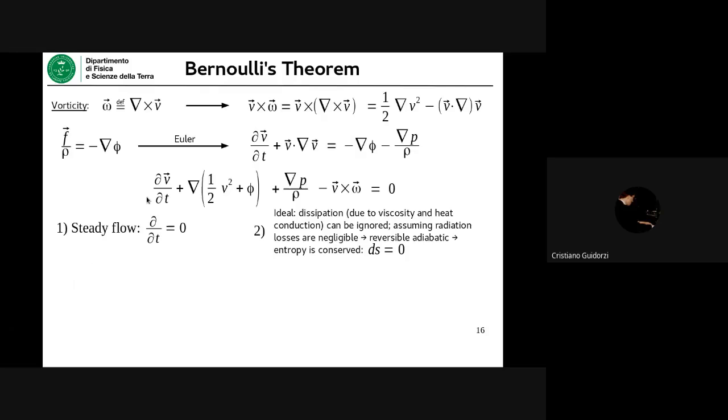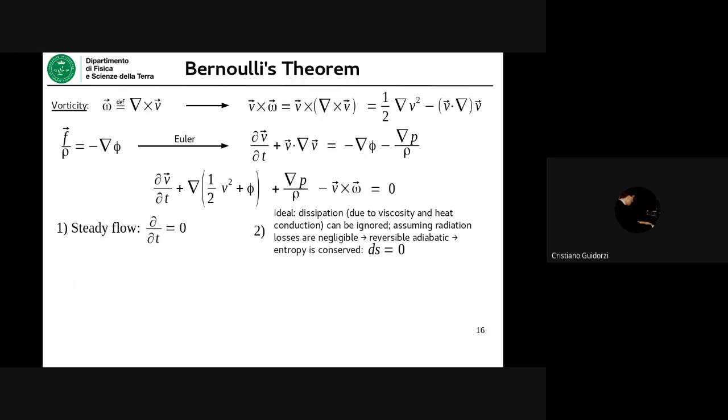Again, we remind ourselves that we are limiting to ideal fluids. So in particular, we neglect both viscosity and heat conduction, so all the processes that can contribute to give an irreversible character to the transformations that the fluid can undergo.